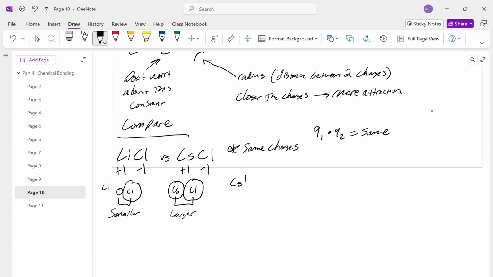So the cesium cation is bigger than the lithium cation. How do I know that? That's the periodic trend. The result of that is the charges in lithium chloride are closer and will have the higher lattice energy.